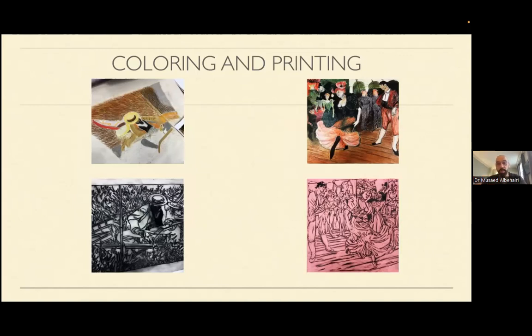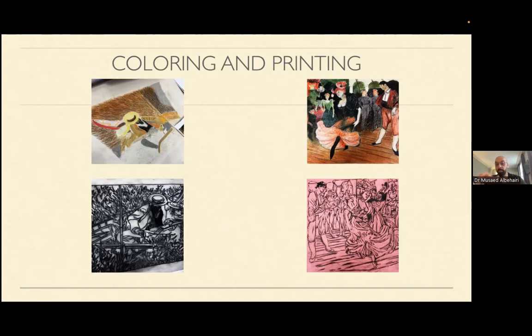Students first color with the pastels, and then prepare the surface of the print. On the left, in the lower side, we can see the monotype. It's a plate, and we apply the ink, and then with a Q-tip, or cotton buds, we remove it. It's like erasing the areas that are empty inside the painting. So by removing it, it's like a drawing.